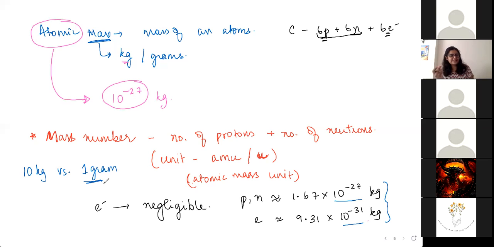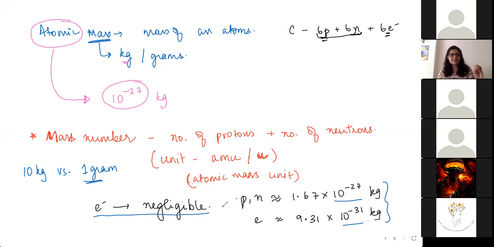So you can basically ignore that 1 gram difference. That's the situation with protons and electrons. If protons or neutrons are like 10 kg bags of rice, an electron is basically like 2 grains of rice. That is the difference in the mass of a proton, neutron and the mass of an electron. So that is why we ignore the mass of the electron: for the overall atom, it doesn't make a difference how many electrons there are.